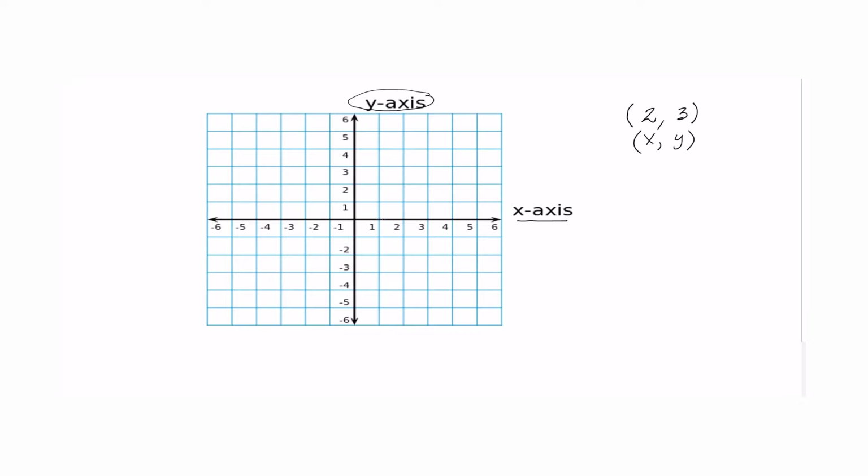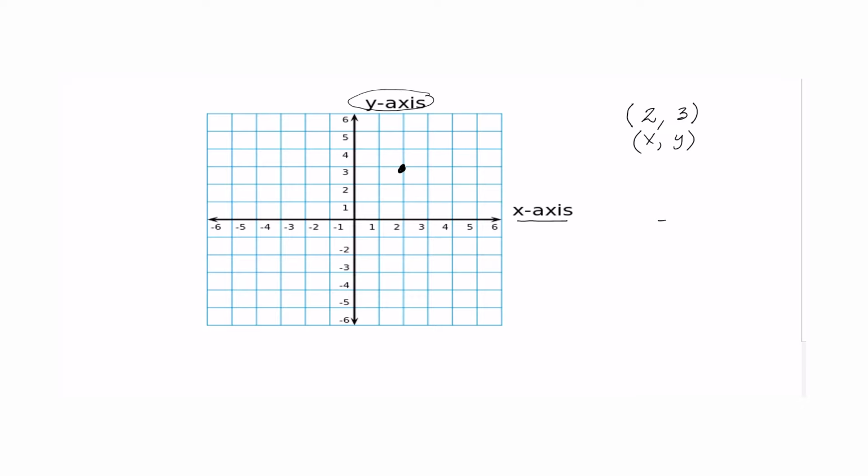So we come over to 2 and then up to 3. There we go. Okay. So that's our first point, 2, 3.